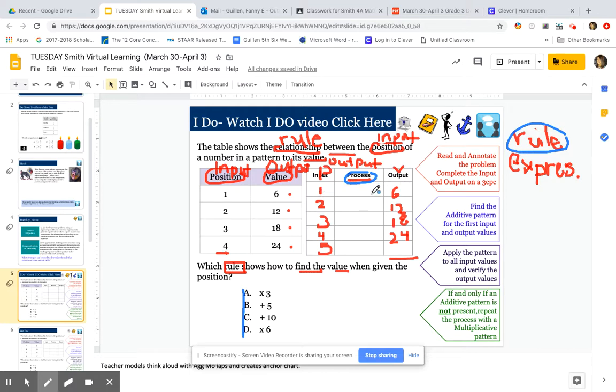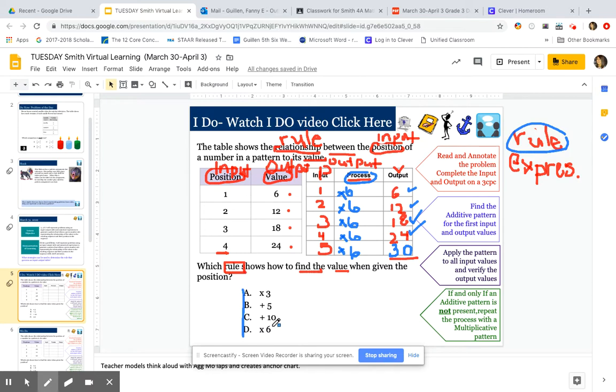So I can either do 1 times 1, nope. 1 times 2, no. 1 times 6 gives me 6, but 2 times 6 gives me 12, okay, 3 times 6, that's 18, that's correct. 4 times 6 gives me 24, that's correct. So that's 5 times 6. That gives me 30. So that could possibly be my rule, right? Let me go check out the other one.